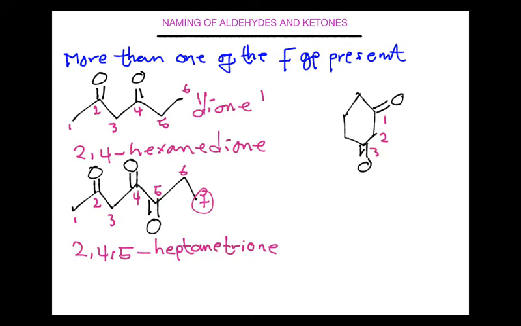Don't forget this is cyclohexane. So we just try to find the numbers of the oxo functional groups there. So this is going to be 1, 3 cyclo dash hexane dione.